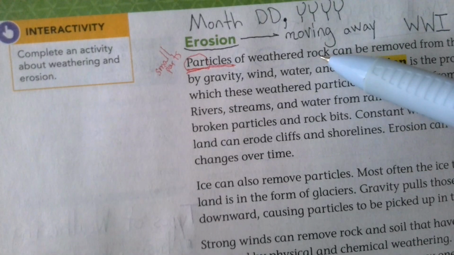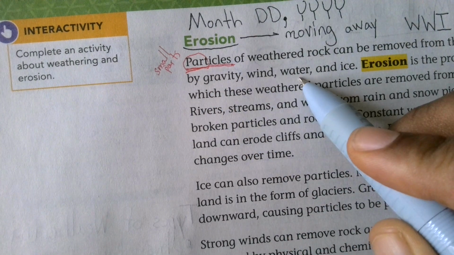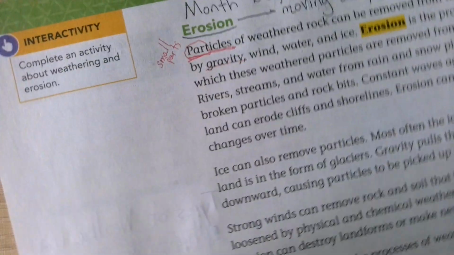Particles of weathered rock can be removed from the land by gravity, wind, water, and ice. That's the WIG. They just put it in a different order. Weathered means broken down. So I'm going to write that in.